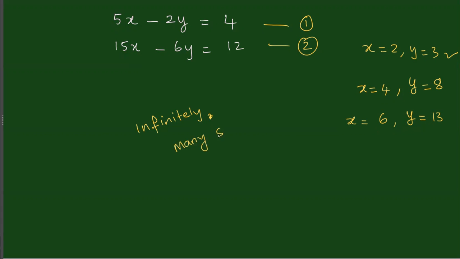Yes, sir. So now what are we learning here? If you have a system of linear equations, simple, just two linear equations and two unknowns, in certain cases we will have exactly one solution, sometimes it's not possible, and sometimes we have infinitely many solutions.